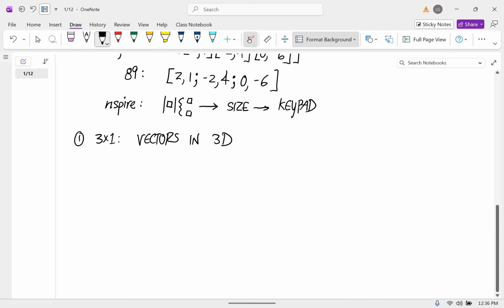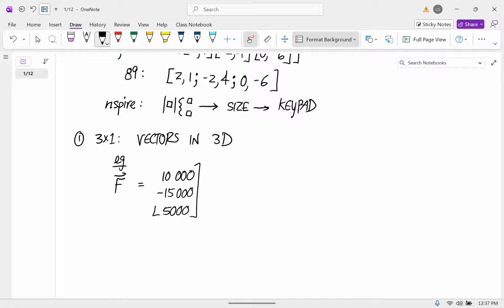An example would be a force vector of 10,000 newtons in the x direction, negative 15,000 newtons in the y direction, positive 5,000 newtons in the z direction.